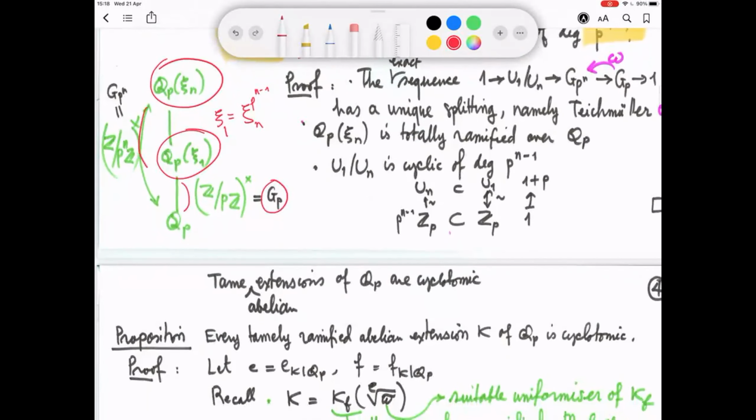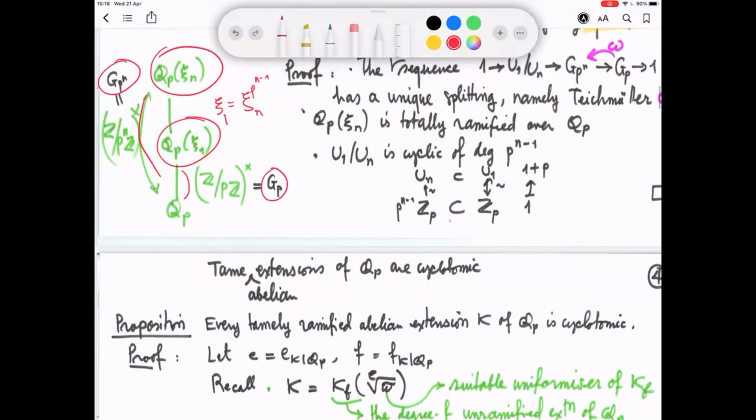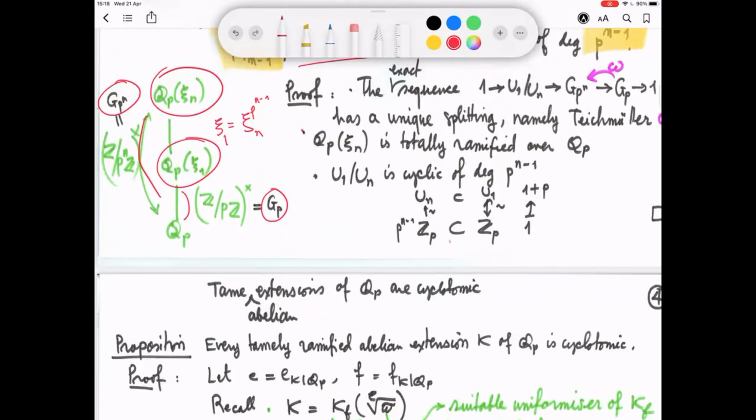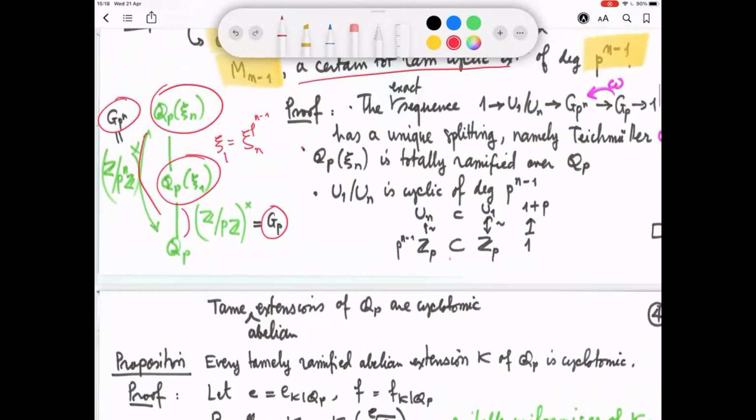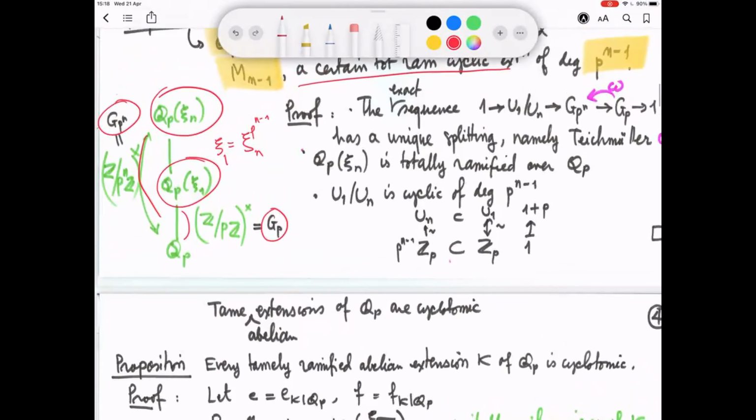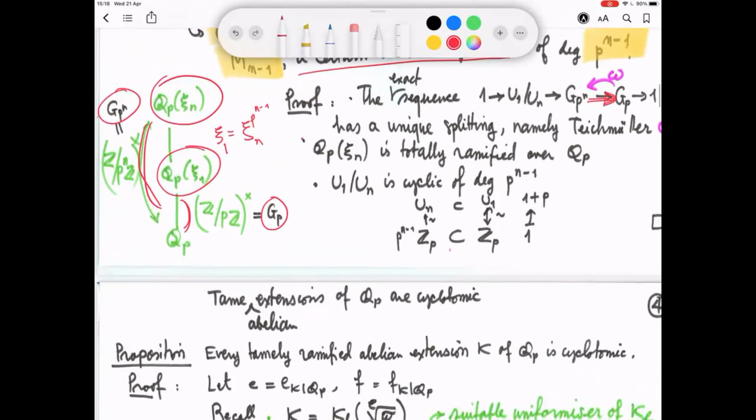And the Galois group here is (Z mod p to the n Z) star. Let's call it G p to the n. So you have this projection, coming from the fact that this is the Galois group of the whole extension and this is a sub-extension. It gets identified with the natural map from Z mod p to the n Z to Z mod pZ.